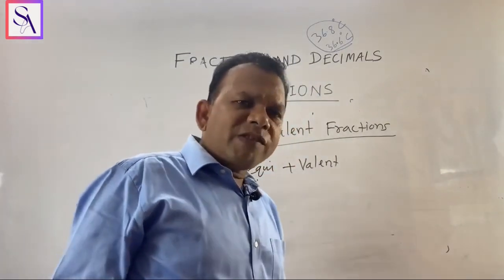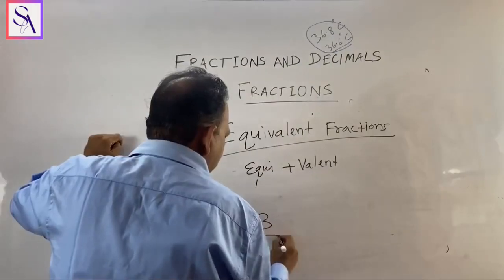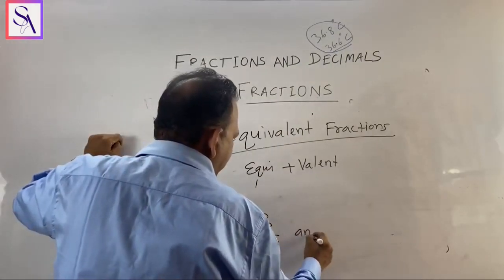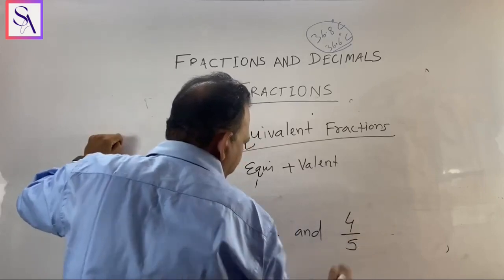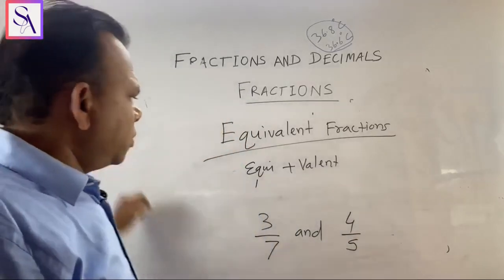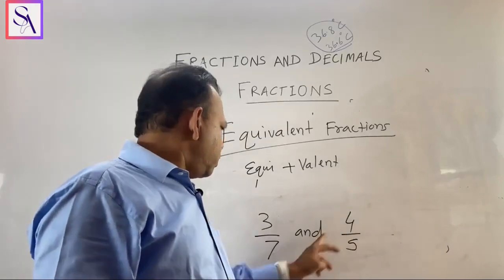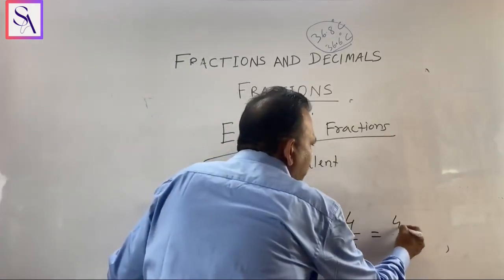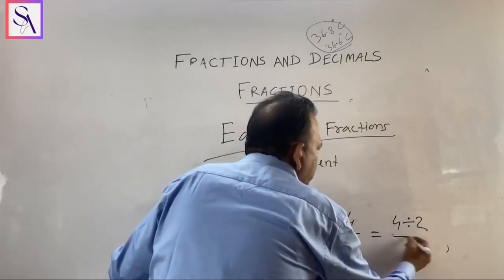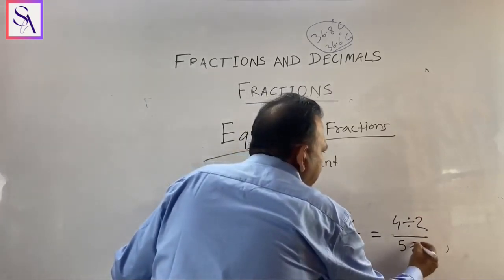But if fractions are not equivalent, then 3 by 7 and 4 by 5. So 3 by 7 and 4 by 5. 4 by 5 can be reduced. 4 divided by 2, 5 divided by 2.